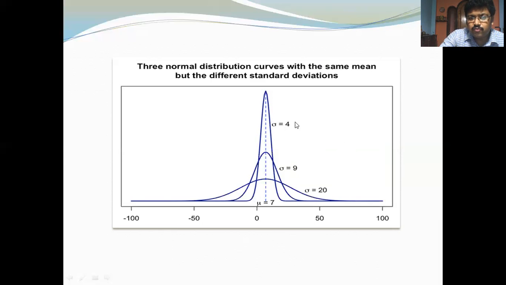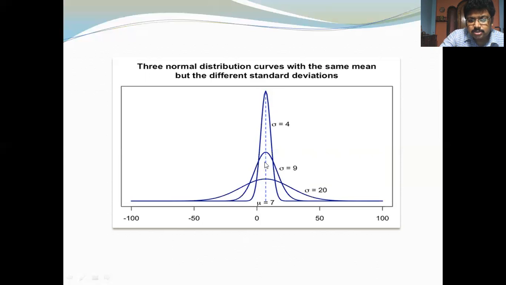When it is 4, its shape looks like this. Less wide. Dispersion in the random variable is less.